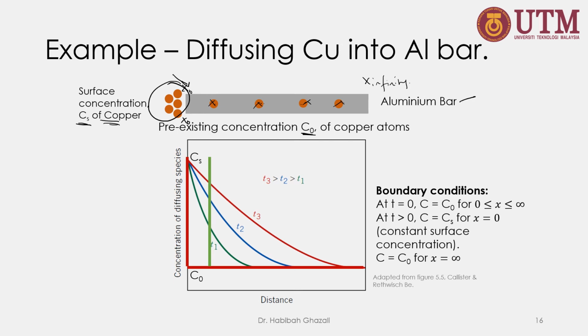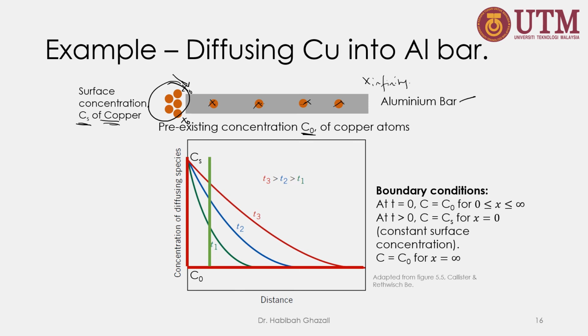This concentration of copper outside, which is the Cs at the surface of x0, is very, very large compared to the concentration of the pre-existing copper inside that aluminum bar. If we leave the copper on the surface of this aluminum bar, it will eventually diffuse into the aluminum bar. And if we look at the non-steady state diffusion formula of Fick's second law, how will that look?